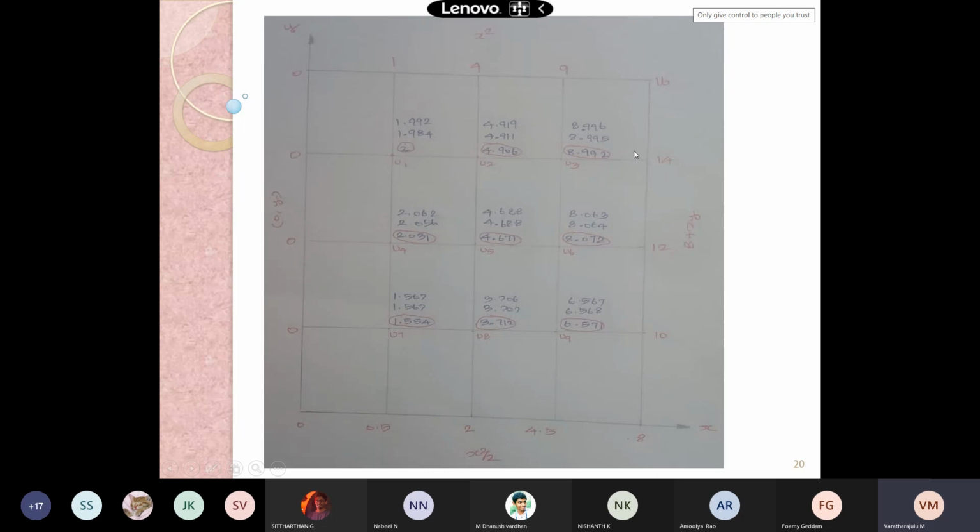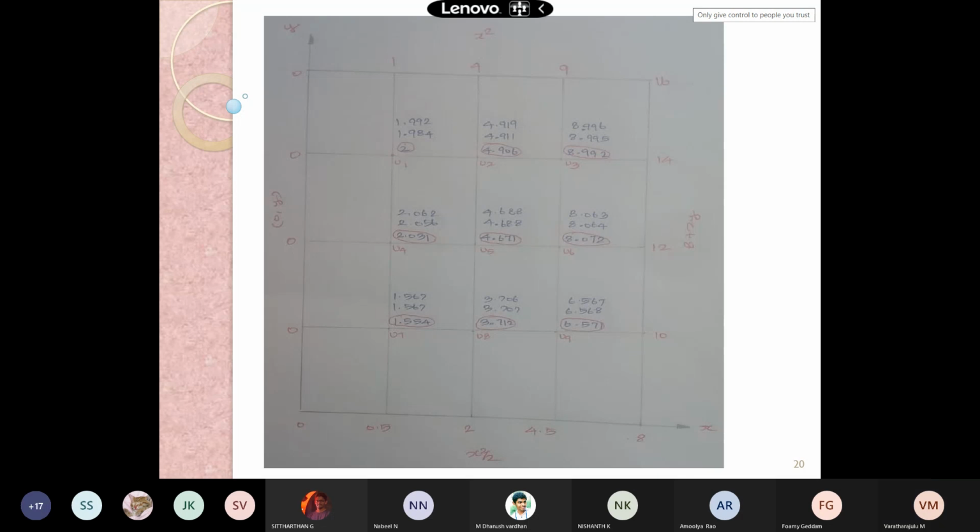For the zeroth iteration alone, we depend on the standard 5-point formula with U1, U3, U7 and U9. The rest are calculated with the standard 5-point formula. This way you can find the results without any hectic.